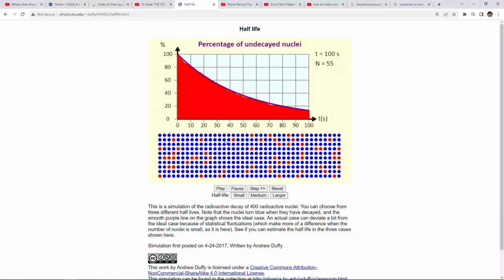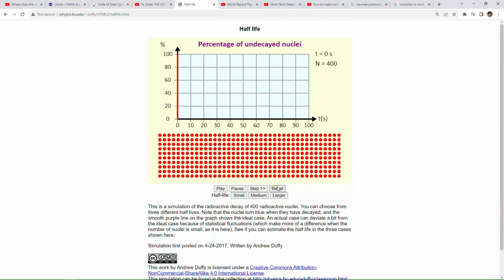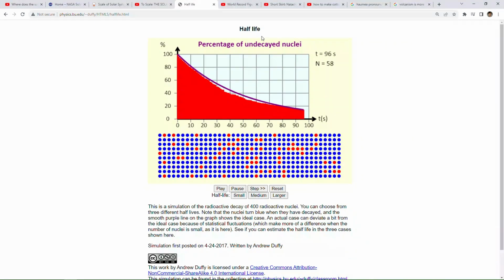You can see the half-life does not really depend on how quickly an individual atom decays. It actually matters as a group. Let's reset. How much time does it take for half the amount of atoms to decay into another element? That is a measurement of half-life.